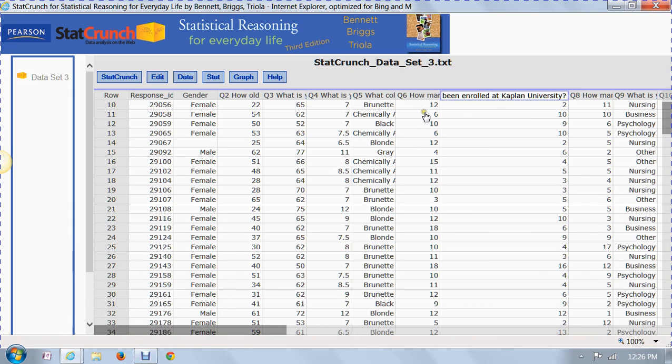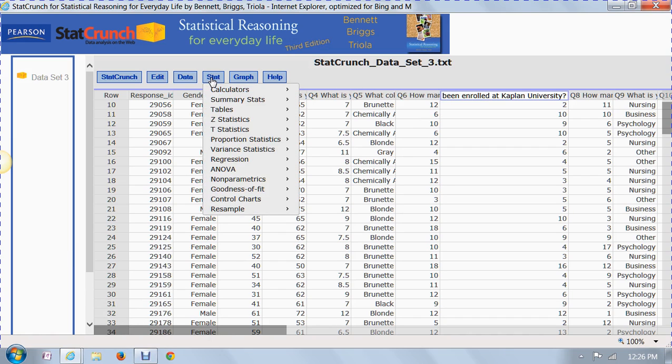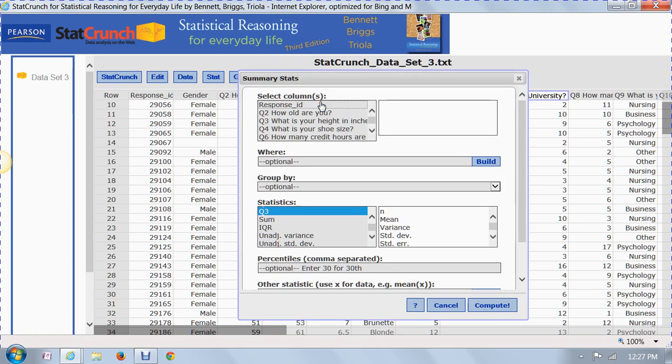So what I'm going to do is go to Stat and Summary Statistics, and I'm interested in a particular column, and that column is, what did I say it was, Q8, how many terms have you completed at Kaplan?